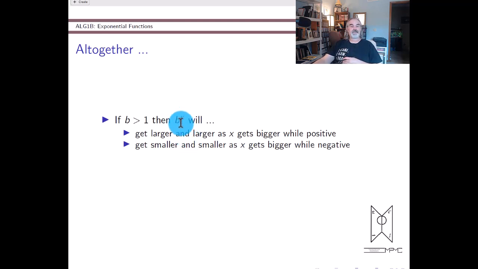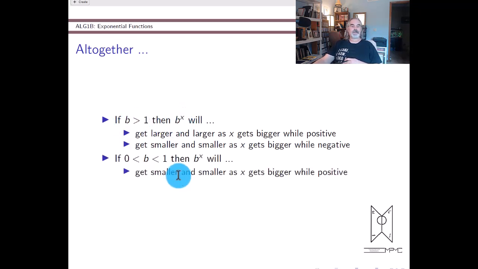Then say we shift to 5 to the negative 3. Well, 5 to the negative 3 is 1 over 5 cubed, which is 1 over 125. So when we are looking at negative values up here in the exponent, as the numbers get larger and larger, but while negative, like negative 4, negative 12, negative 100, the values of b to the x will be getting smaller and smaller as long as b is bigger than 1.